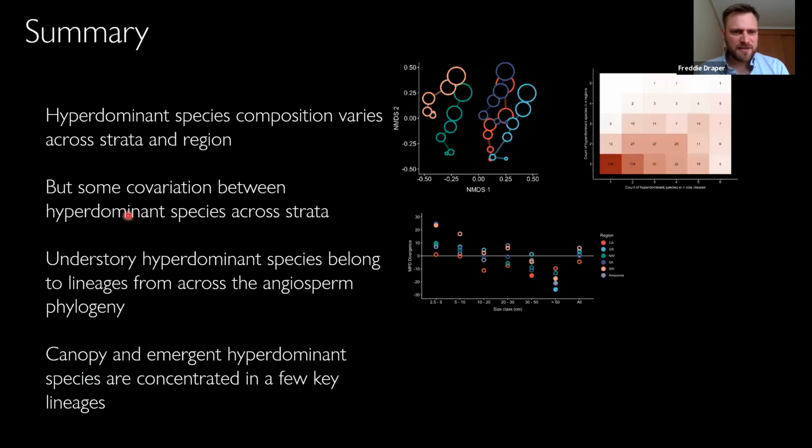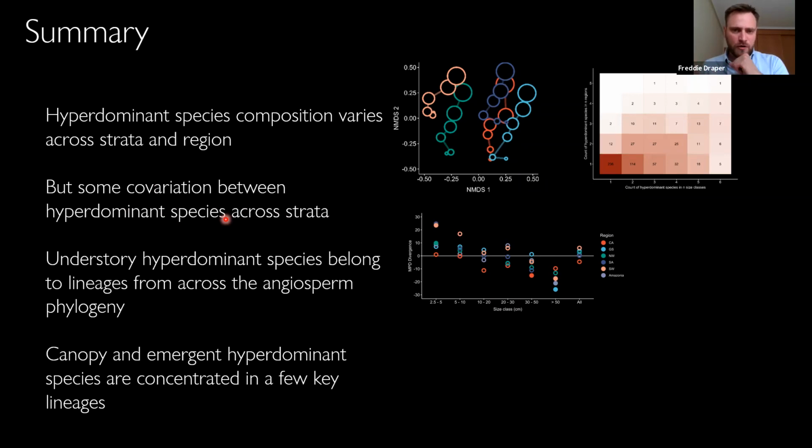So with that, I'd just like to summarize what I've talked about today, which is that hyperdominant species composition really varies across strata and across regions in Amazonia. But there is some covariation between hyperdominant species across strata. This makes sense, I think, if you think about an edaphic gradient: the canopy species and the understory species are different, but as they cross that edaphic gradient, they change together, at the same time.